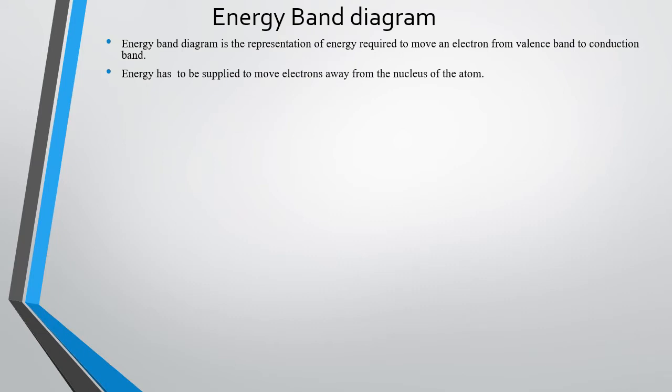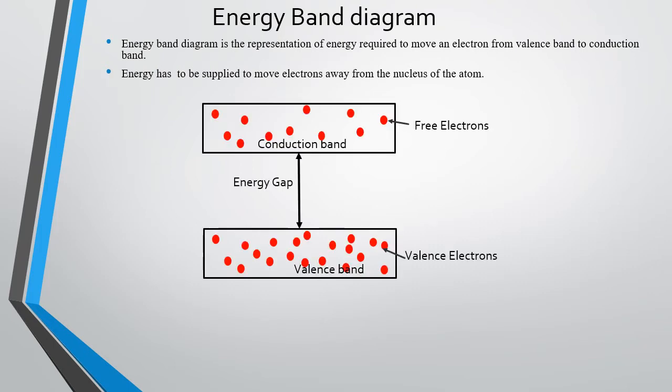So these electrons in the valence shell form a band which is known as valence band, and they move to the conduction band. So if I see, we have a valence band which has valence electrons. These electrons will require certain energy to break the bond with the atom and move and form a bond with the neighboring atom, and when they form the bond with the neighboring atom, it is called as the conduction band.